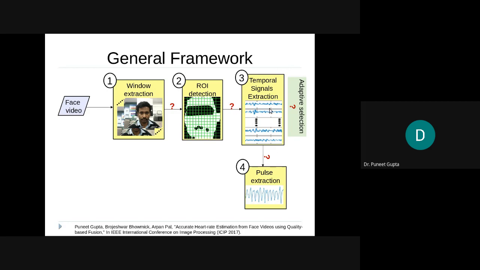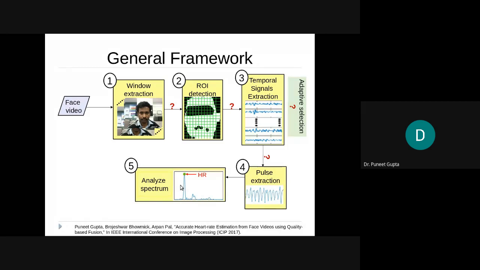Again, these question marks are things that we are going to see, but let's first look at a broader picture and then go through each of these steps one by one. From all those signals, we extract the pulse information, pulse extraction. Then, from this pulse extraction, we analyze our spectrum and figure out our heart rate.